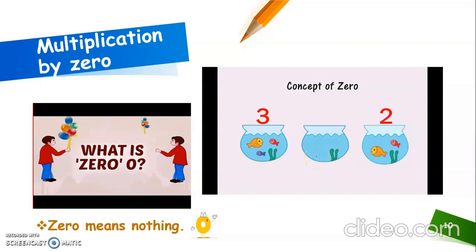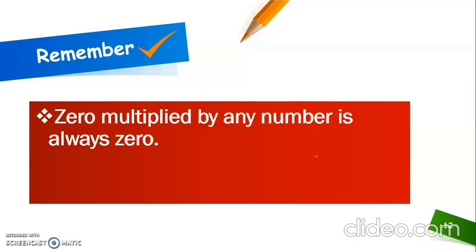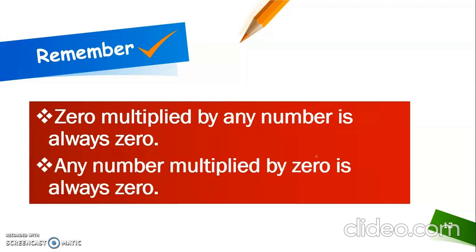So, no fish means 0. 0 is multiplied by any number, we get 0. And any number multiplied by 0 is again 0.